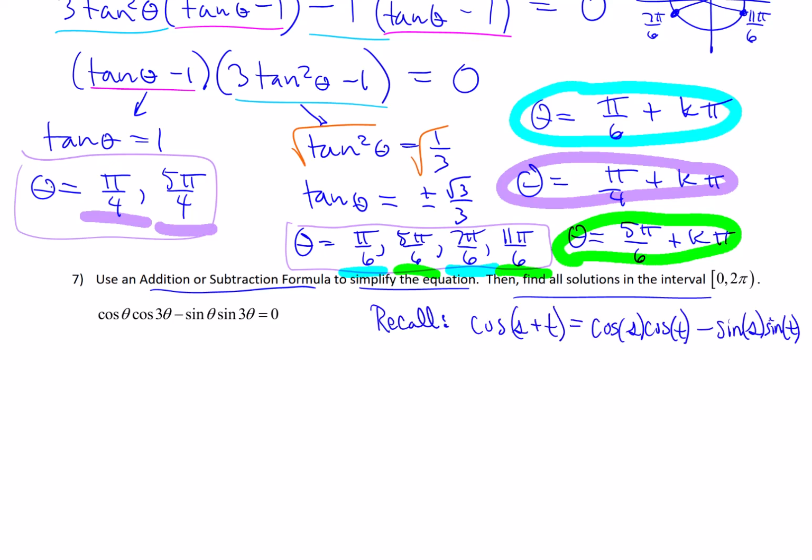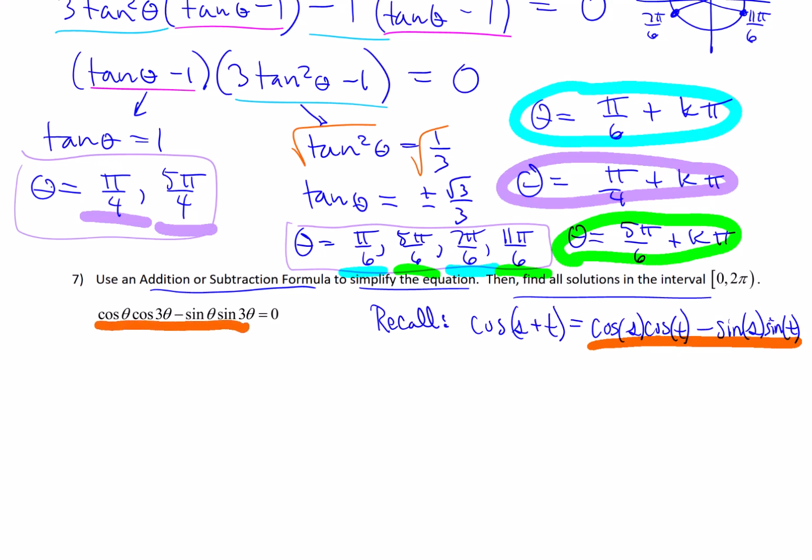Specifically, let's recall that cosine of (s plus t) equals cosine s cosine t minus sine s sine t. And the reason this might be useful is, hopefully it's recognizable that the right side of this identity, at least the way I've written it here, matches up with the left side of the equation given.